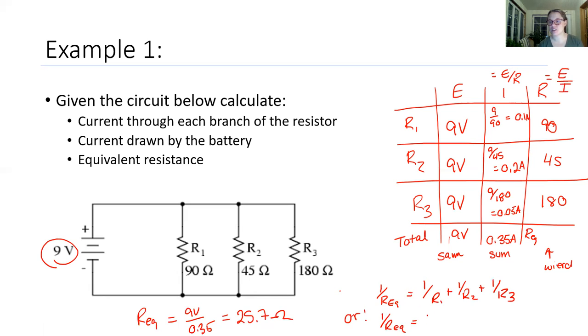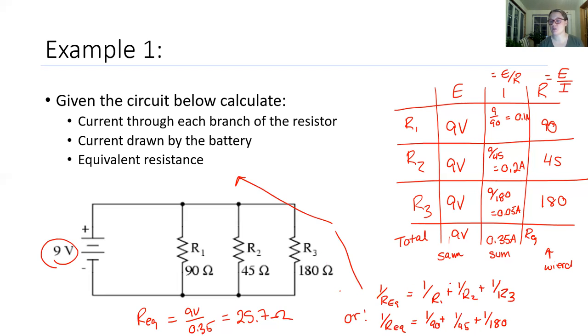So 1 over Req is going to leave us with 1 over 90 plus 1 over 45 plus 1 over 180. All right, we need to finish the question off, and I'm running out of space, so we'll finish it off up here.